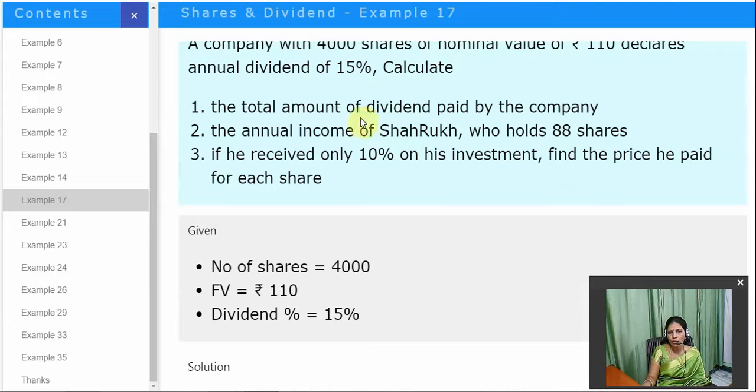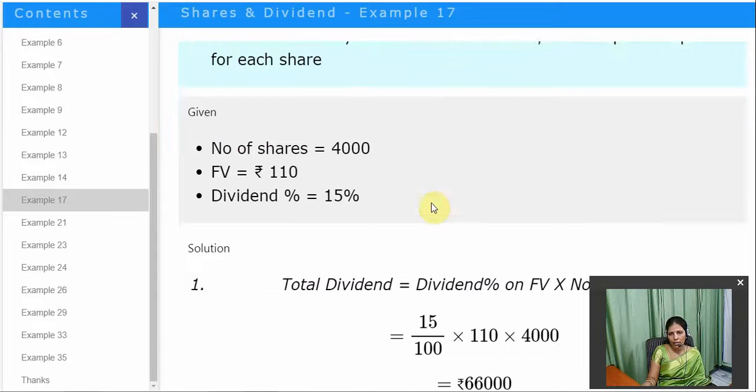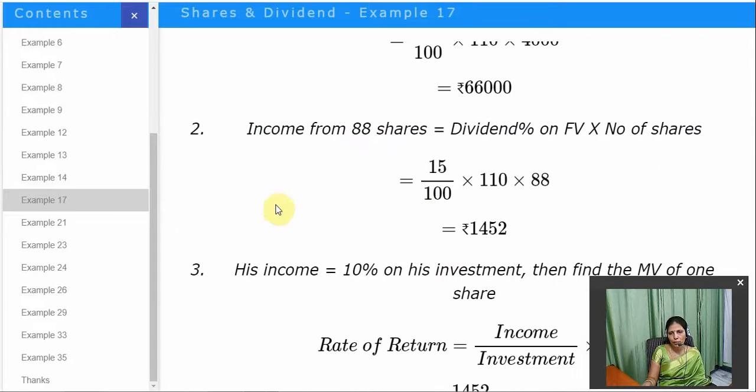Now the first subdivision is over. Now you found the total amount of dividend, right? Now we will come to the second subdivision. The second subdivision is the annual income of Shahrukh, who holds 88 shares. So what is his annual income if he holds 88 shares? Now we will come to the solution part. Income from 88 shares is equal to dividend percentage on face value into number of shares.